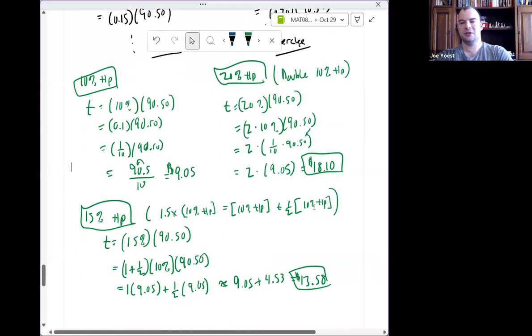Or you can figure out a 15 and a 20% tip and leave something in the middle. Plus or minus a few cents is not going to make or break your server's night. So if you say something between $13.50 and $18, if I leave like $16.50 or something, that's probably in the ballpark of an 18% tip.